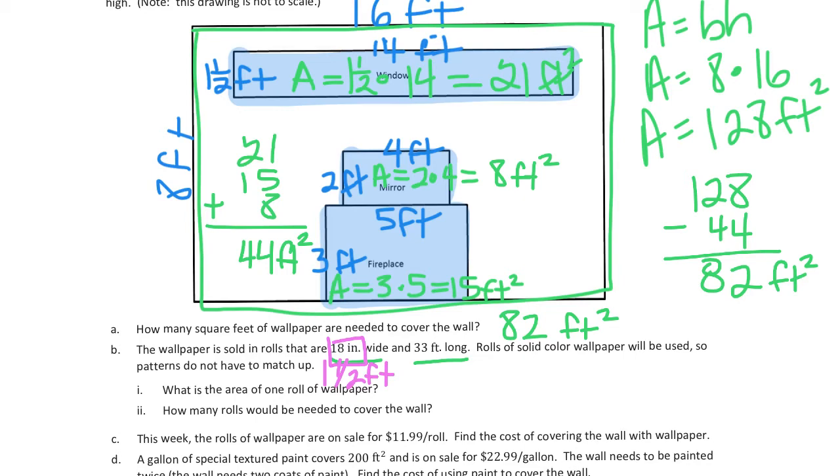So if I were to roll out that long roll of wallpaper, it would be 1.5 feet across and 33 feet long. So its area, 1.5 times 33. So grab your calculator.